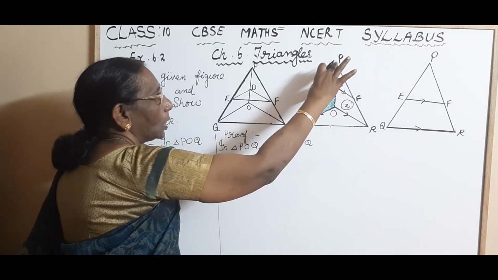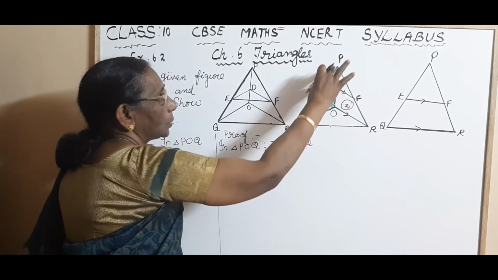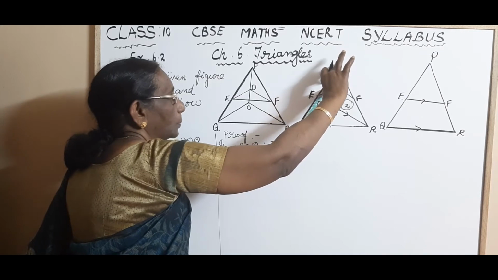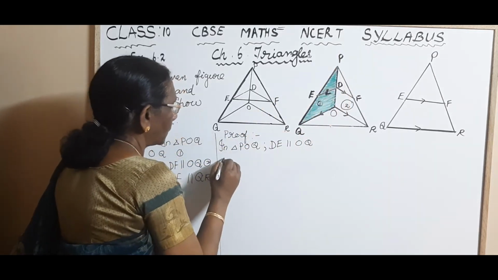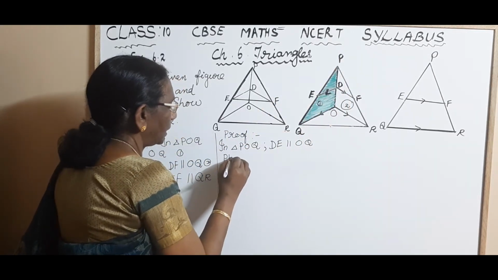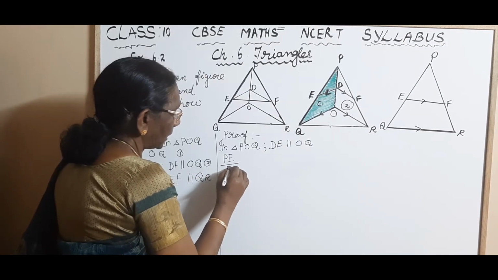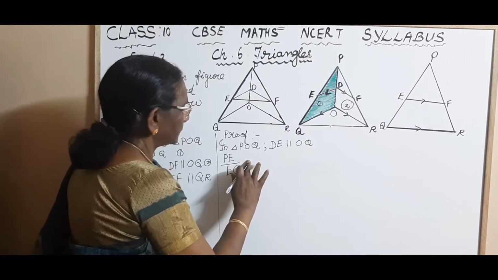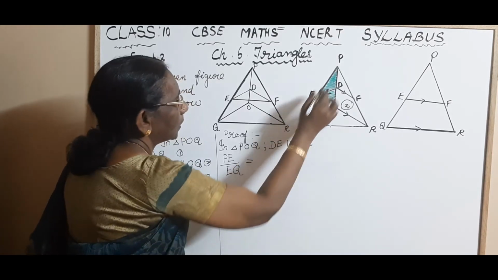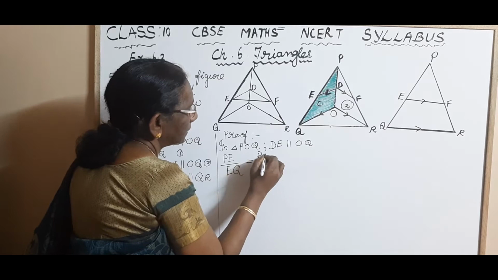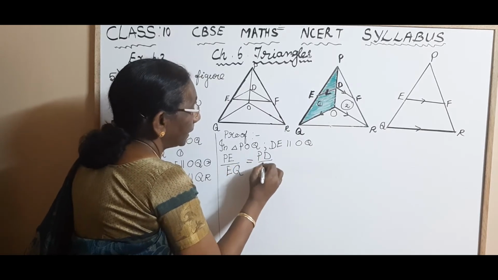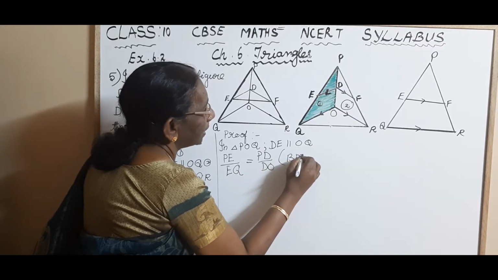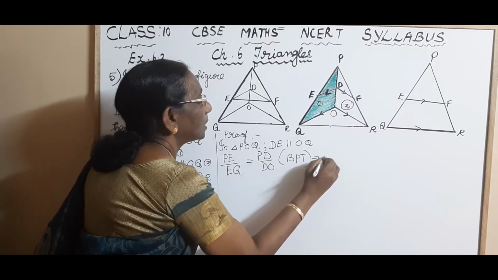So DE parallel to OQ, therefore PE by EQ is equal to PD by DO. By what theorem? BPT. You name this as 1.